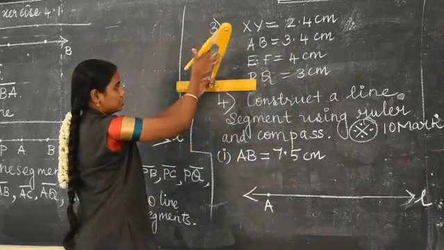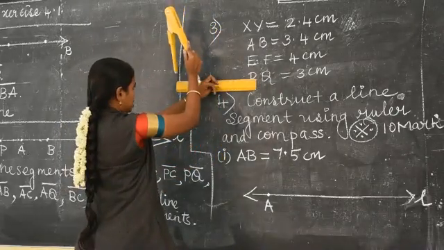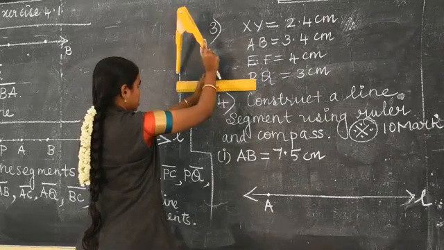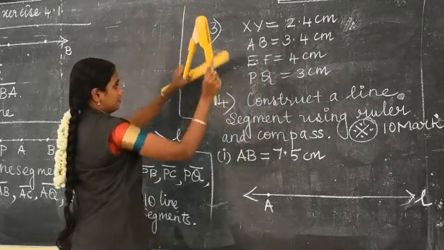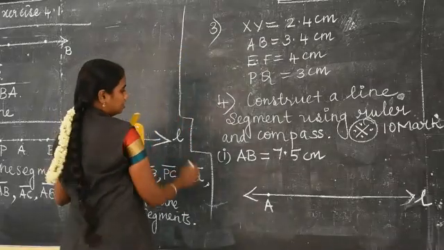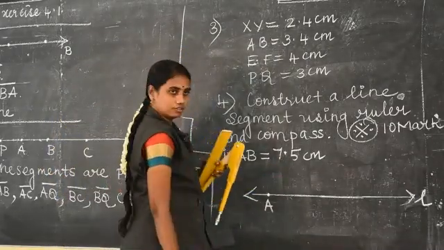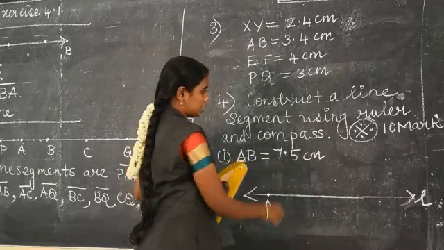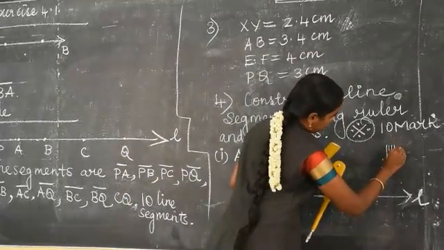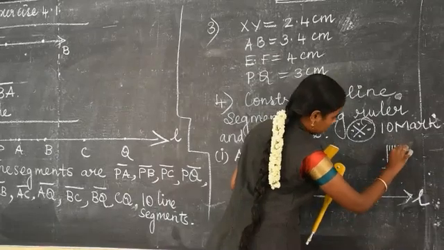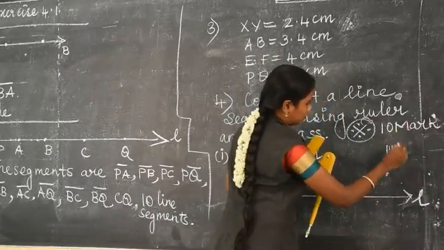Compass. Fix at 0. Measure 7.5 centimeter. Listen, 7.5 comes between 7 to 8. After 7 centimeter there will be 4 small lines, one a little bit long.